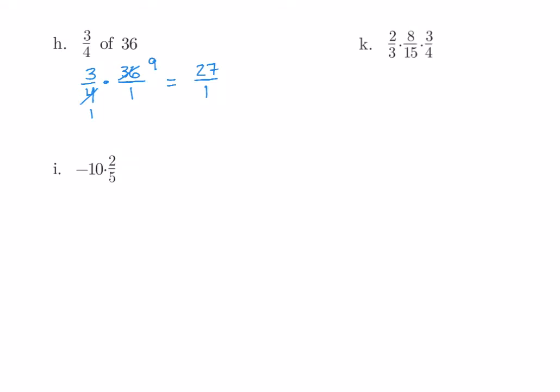And please note that this would not be considered a simplified answer. If you can write it as a whole number, you should. So 27 divided by 1 is 27.